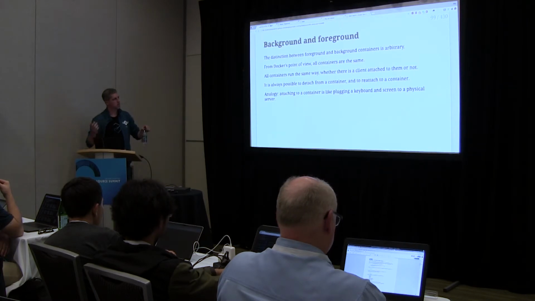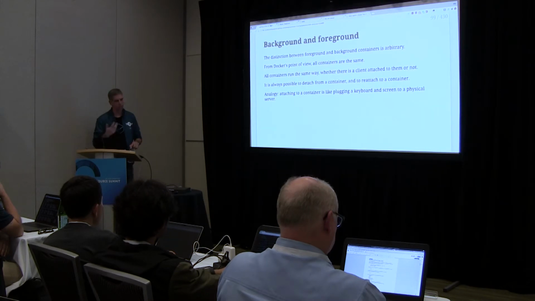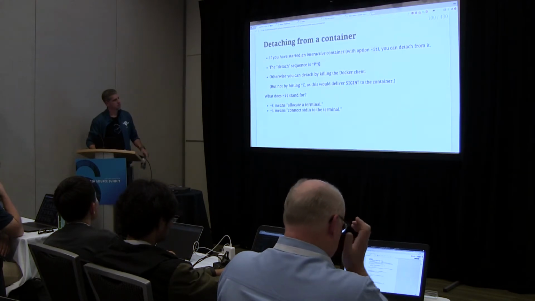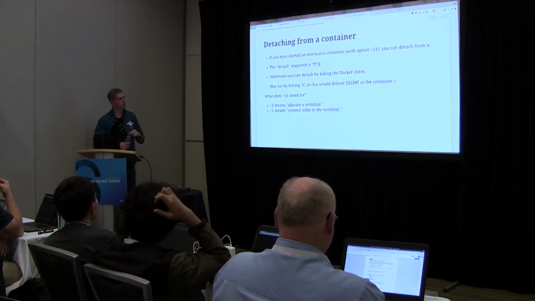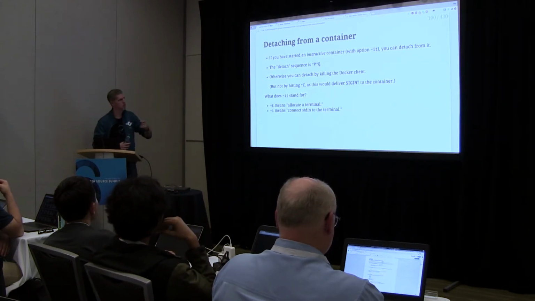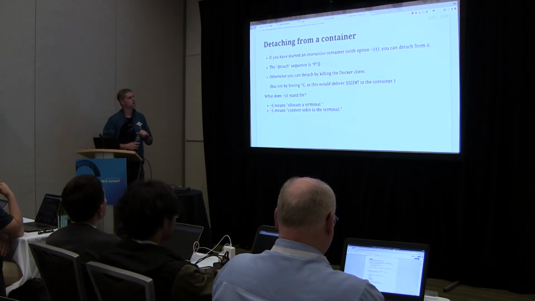Yeah, so Docker itself is not putting these containers in categories. That's more our perspective of whether they're sitting in the foreground or not. If you do start a more traditional kind of distro container and you're sitting in it at a prompt using the -it, you can actually detach from it. This Control-P, Control-Q is the sequence to do it.